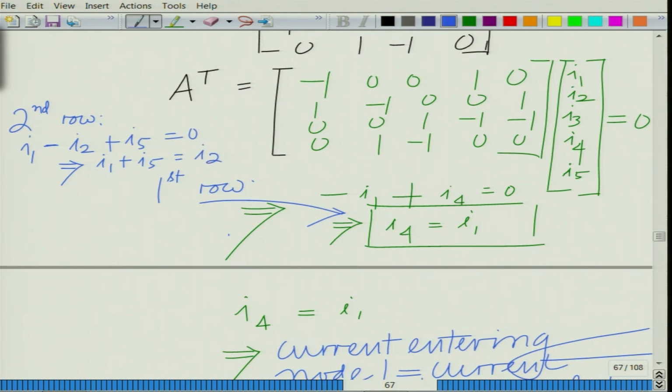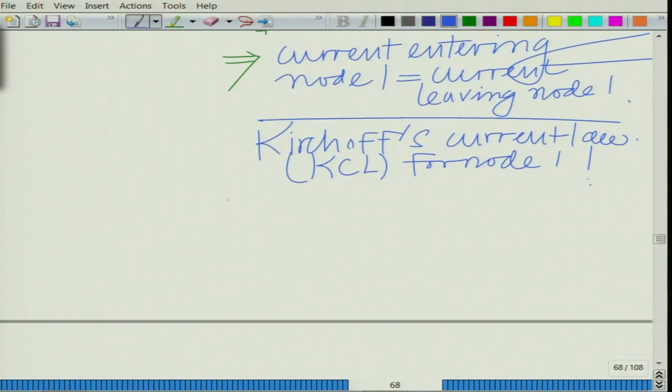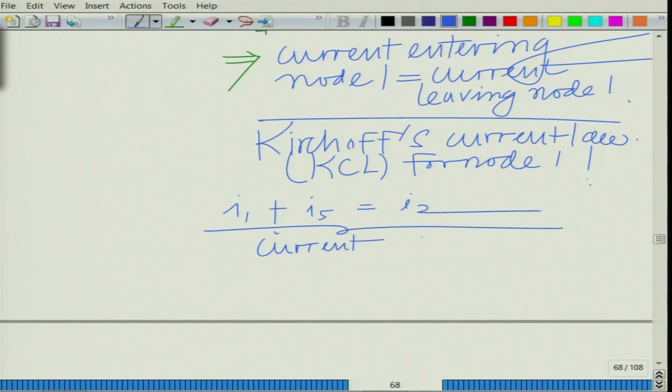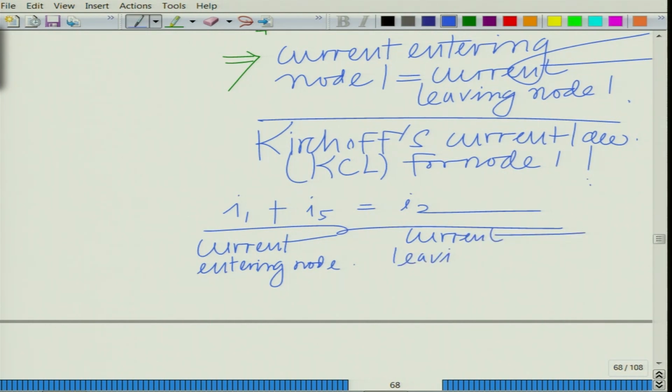The current I1 plus I5 is current entering node 2, so the left side is current entering node 2, and I2 is current leaving node 2.